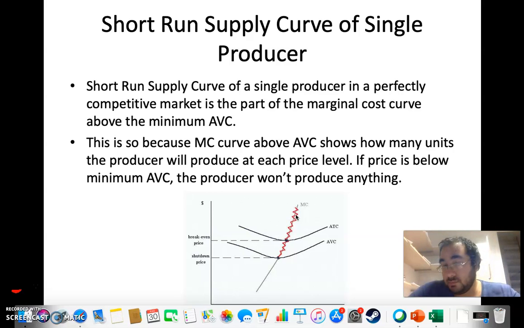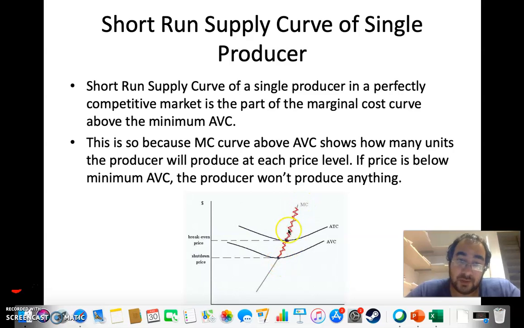the cost level at any marginal cost level at any production level also shows the price level the company should have in a perfectly competitive market to produce that quantity.